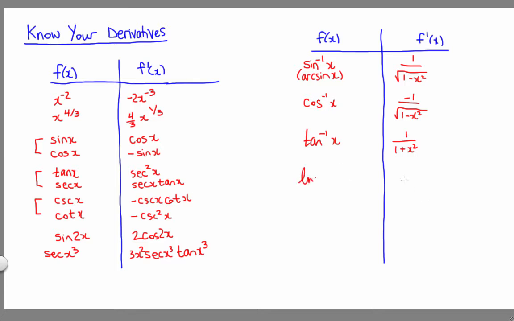Now, let's say we run into ln of 2x plus 1. To differentiate ln, you're putting the inside function on the bottom and the derivative on top.